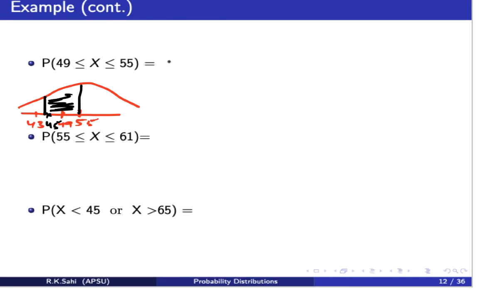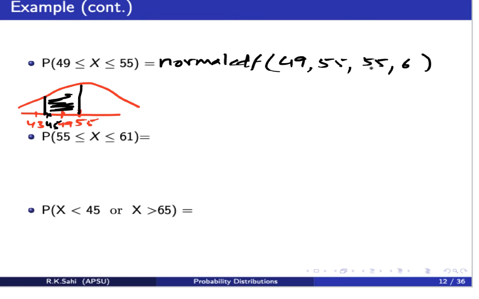Now, when you want to find the answer, what do we say? Normal CDF. Now, 49 is the lower value. The upper value is 55. Then 55 and 6 last, 55 is the mean, and 6 is the standard deviation. Once again, we're going to plug it in our calculators. So guys, I want you to take your calculators out and do it together with me.